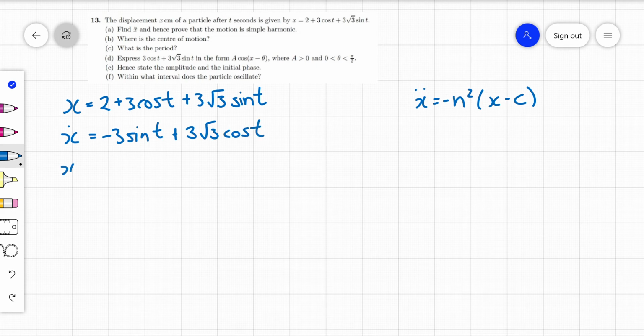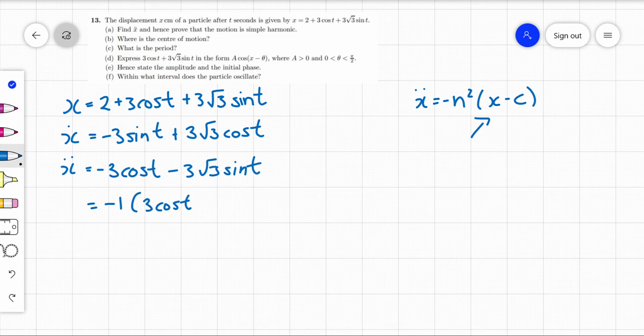Okay, differentiating again with respect to t to get the acceleration. So sine goes to cos, goes to minus sine. All right, so somehow that's got to be something to do with x. Let's have a look. If I put a minus 1 out the front, I've got 3 cos t, and I've got the 3 root 3 sine t, which is pretty much what I want, but I also want a plus 2.